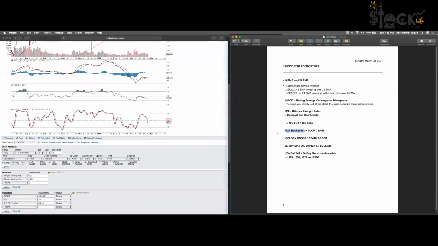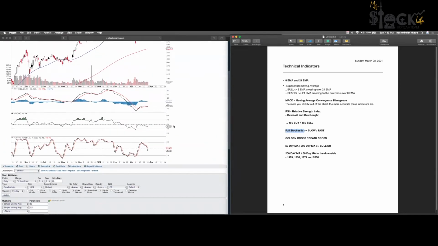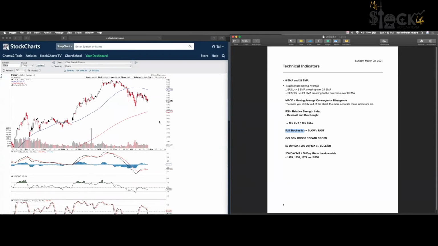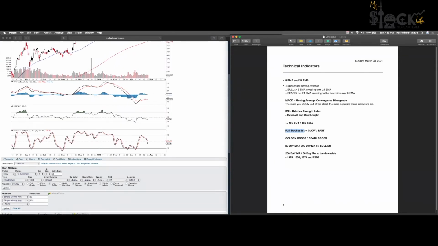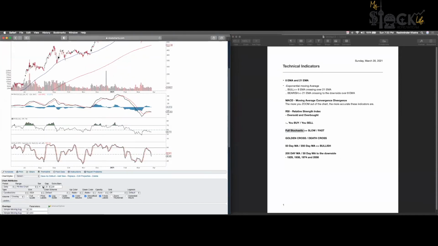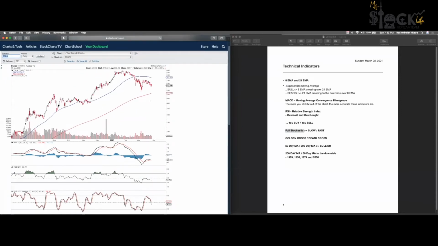Now Tesla right here, as you can see, let me just zoom out of this maybe. Okay, so on the daily, the 50, now this is scary.